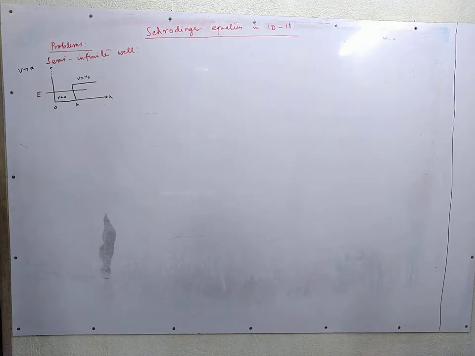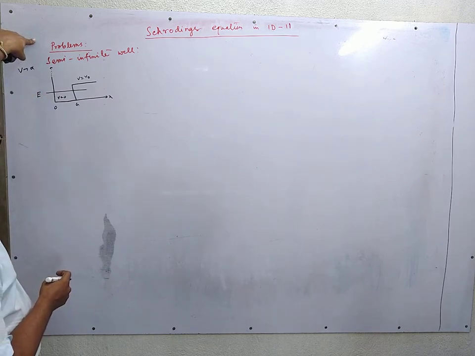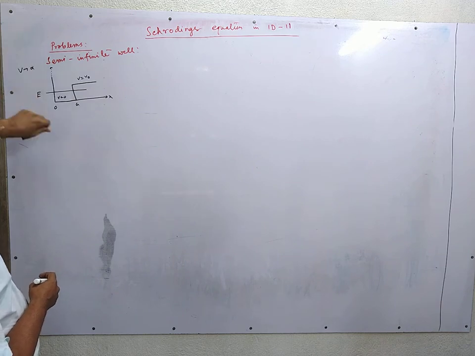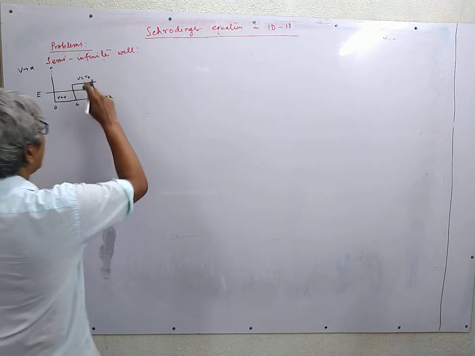Consider a semi-infinite potential well as shown in this figure. The potential at x equal to 0 shoots up to infinity, while it remains 0 from 0 up to a, and then it is V0.